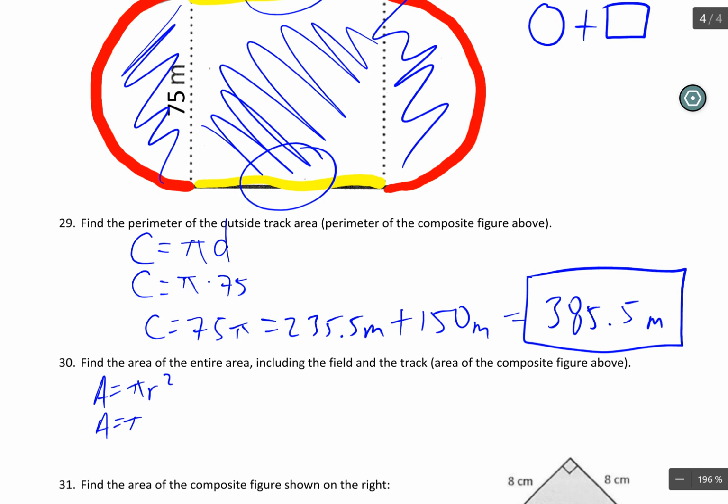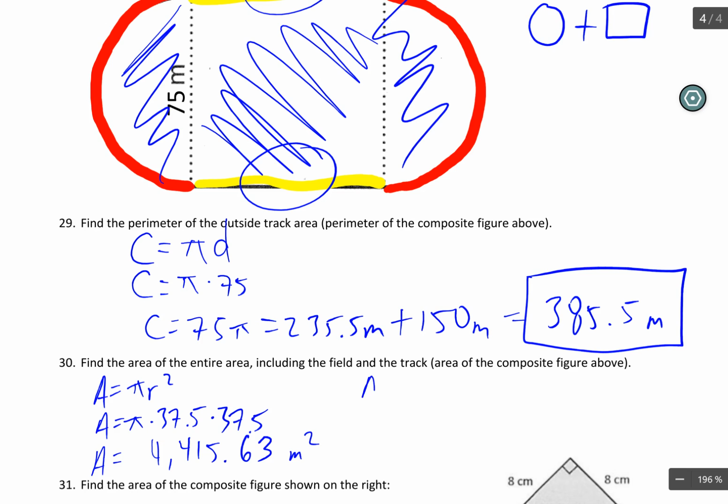So area equals pi times 37.5 times itself, which is going to give me a big number of 1406.25. And then I multiply that times 3.14, and that'll give me the area of the circle, 4,415.63625 meters squared.